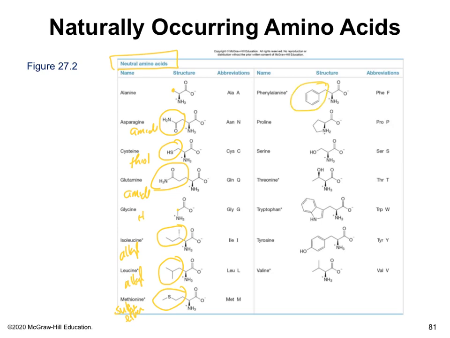Phenylalanine has an aromatic portion, so that would absorb UV light. Proline is a cyclic secondary amine. Okay, so that's a secondary cyclic amine. Serine is a primary alcohol.